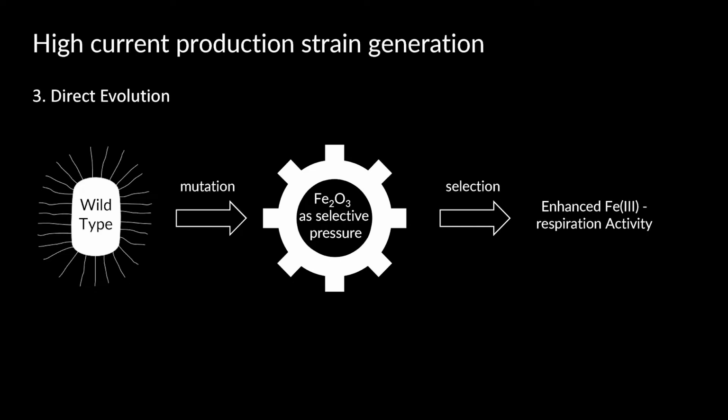Geobacter species naturally utilize selective pressure to optimize the reduction of other extracellular electron acceptors, which can be accelerated in the lab by using directed evolution, which may have fortunately led to the superior ability of Geobacter species to produce high current densities. Error-prone PCR can help in generating mutants in the species.